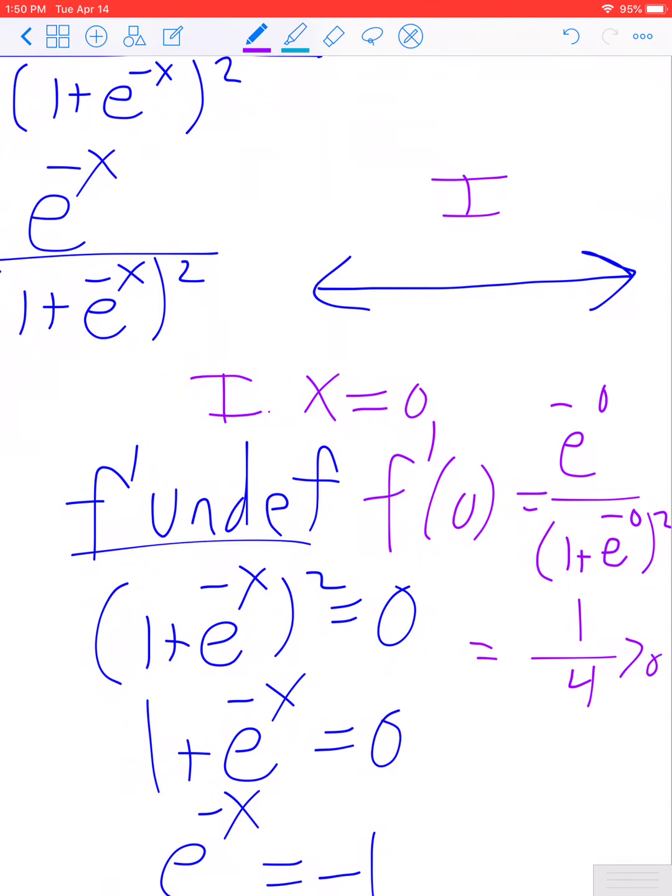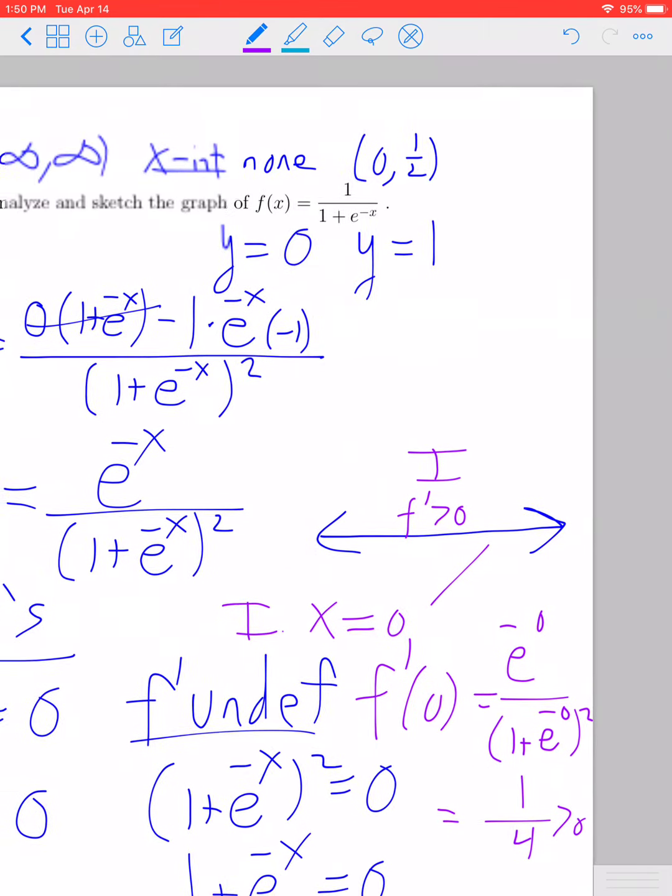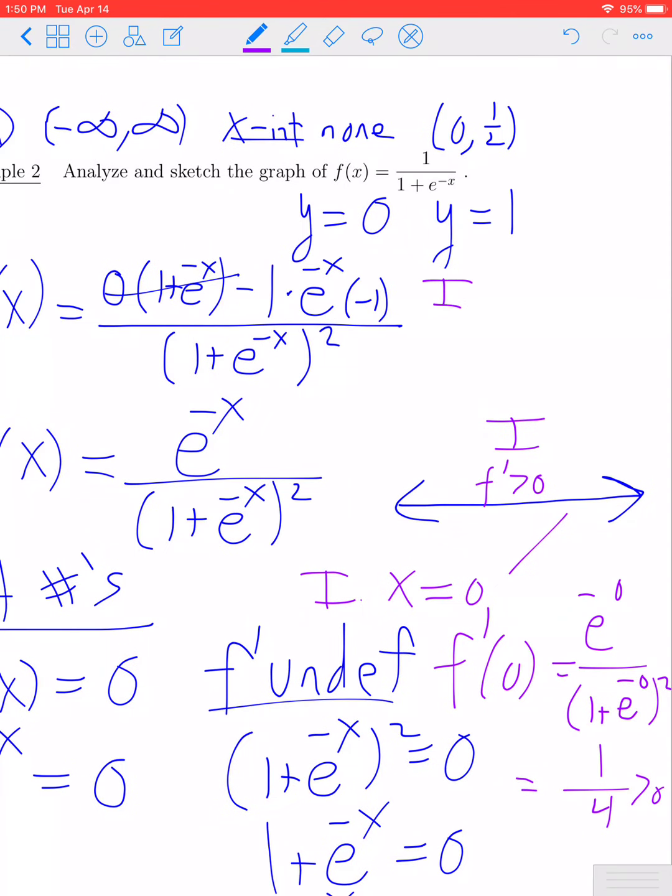But in particular, it's positive. So the derivative is positive, which means that this function is going to be increasing on the entire real line. So our function is increasing from negative infinity to positive infinity, and is decreasing nowhere. There's no place where this function is going to be decreasing.